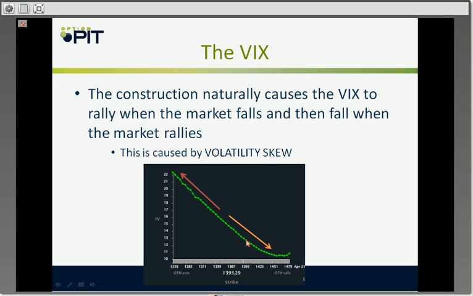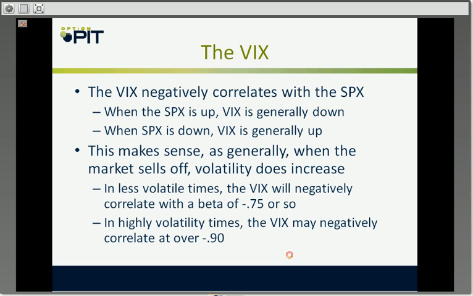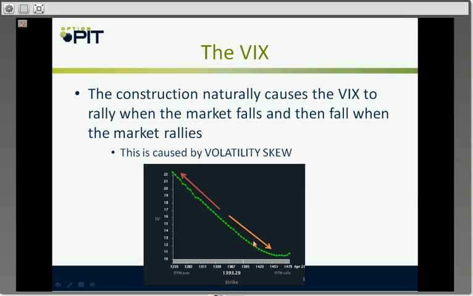Now remember that we talked about how the VIX places a lot of emphasis on at-the-money options. So even if the underlying falls from 1395 to say 1370, even if the curve doesn't move, because of that weighting, what would happen to the VIX?